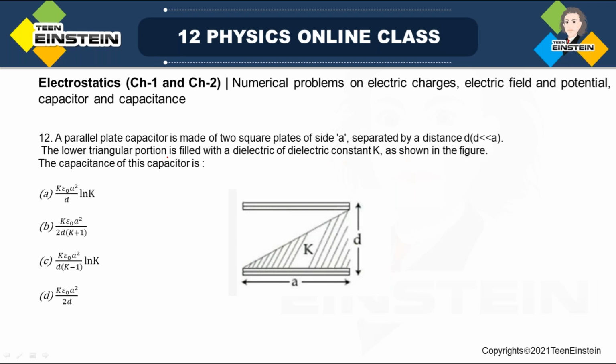As you see, in the shaded triangular region, a dielectric material of dielectric constant K is inserted. So what will be the capacitance of this capacitor? Very interesting and important problem.